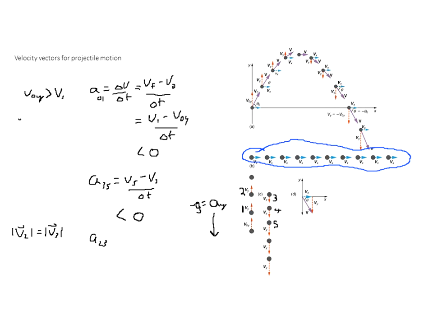So A23 is going to equal V3 minus V2 over delta T. The magnitudes equal each other, but let's just define them to equal V. So in this case, V3 is negative V, V2 is V, so that's minus V over delta T. So that also is going to be less than 0.